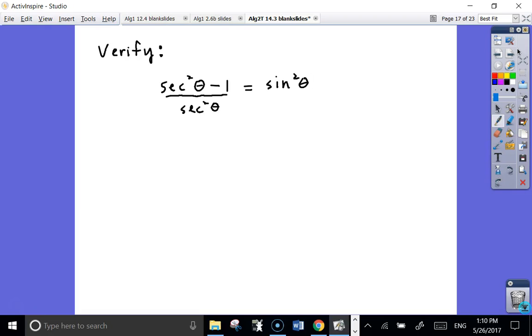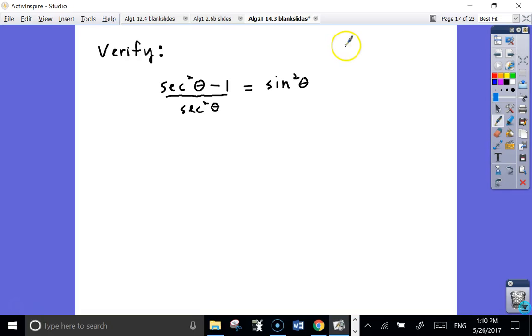One of those Pythagorean identities, right? There's one of them that says 1 plus tan squared equals secant squared. So if you subtracted the 1 to the other side, that would be tan squared. So you'd be able to substitute it, right?